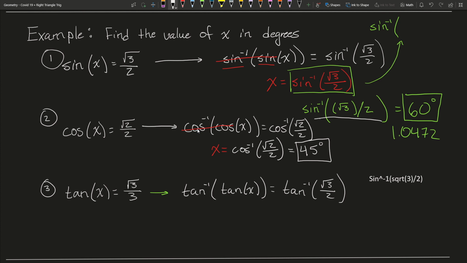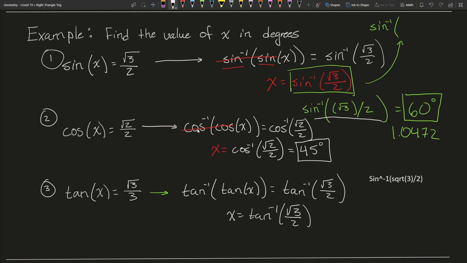All right, and then when we take the inverse tangent of both sides, we're just left with x. Inverse tan of root 3 divided by 2. And then we would plug that into a calculator or Desmos and get an answer.